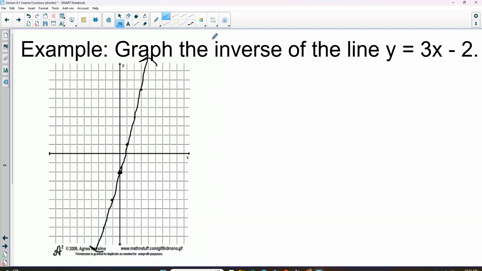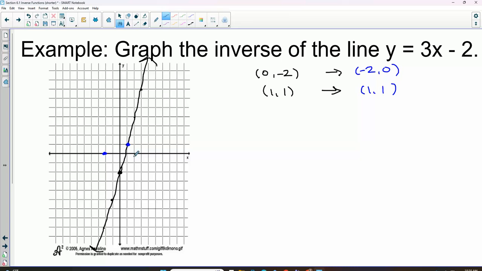All right, if you think about the points on this graph, we started at 0, -2. What point would be on the inverse? Okay, when I went up 3 and over 1, then my point ended at 1, 1. So what point's on my inverse? Okay, that's enough to draw a line.